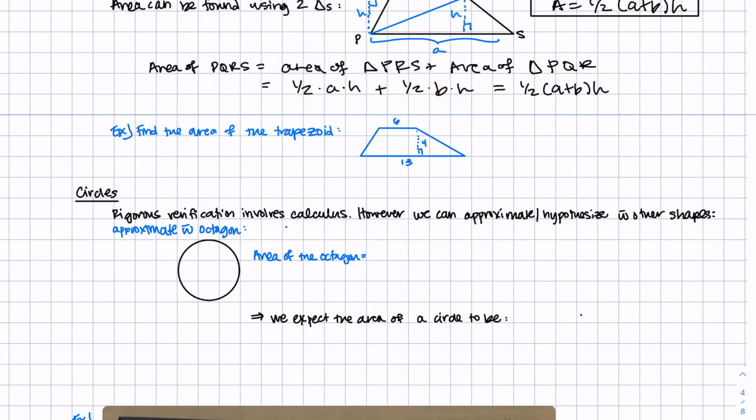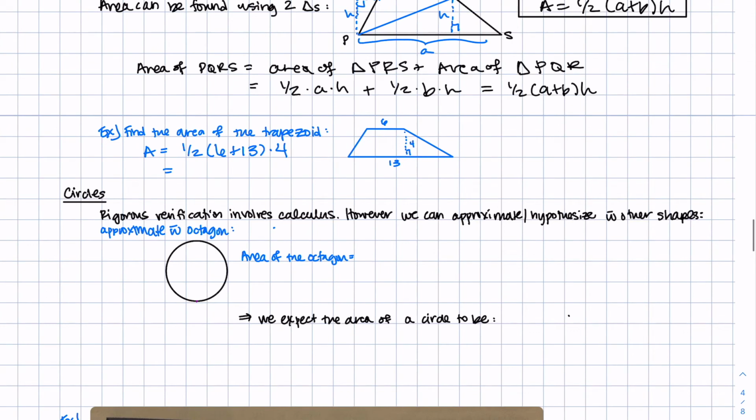And so my area is equal to 1/2 (6 plus 13) times the height. So 1/2 the sum of the bases times the height, which is 4. And so that should be 2 times 19, or 38 square units, or units squared, or whatever our unit is.